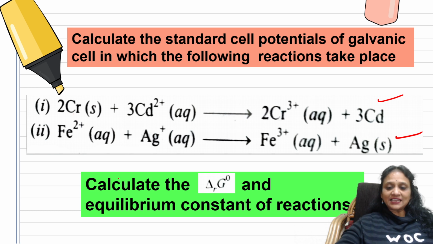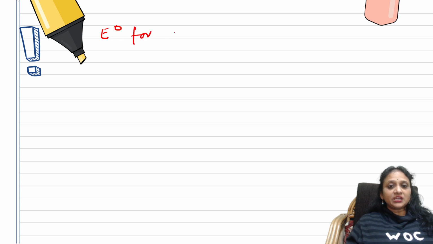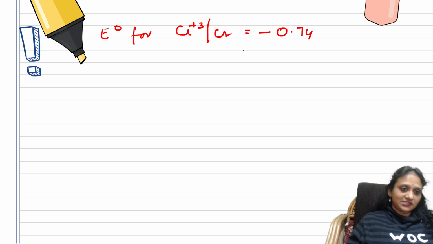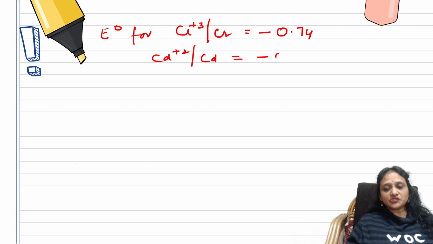Now for calculating such things, what should I require, students? I require electrode potential values. In the exam it will be given. So I'll just write them for using in the numerical. E naught for Cr plus 3 by Cr is minus 0.74, this is from the electrochemical series. Yes, students? Right. The electrode potential value. And for Cd plus 2 by Cd it is minus 0.40.